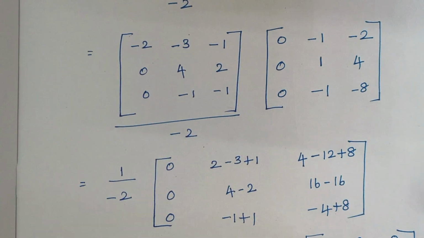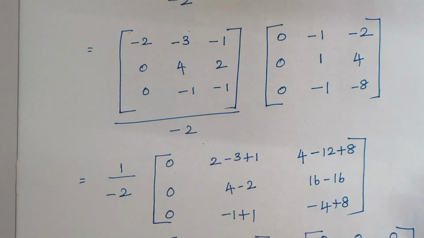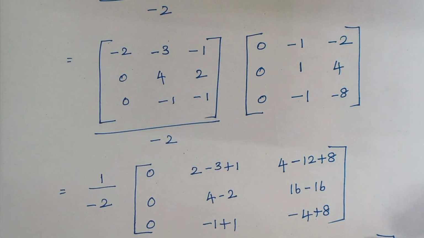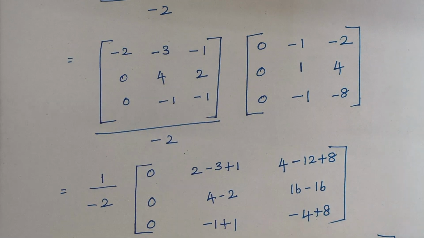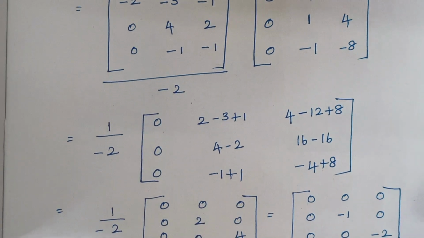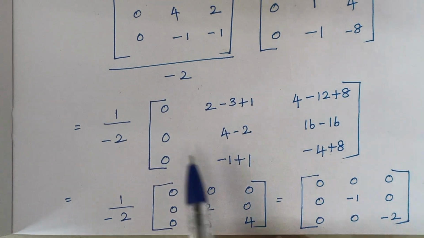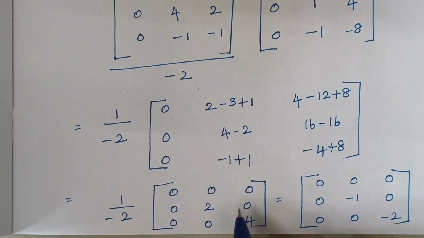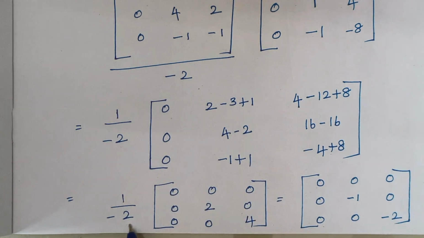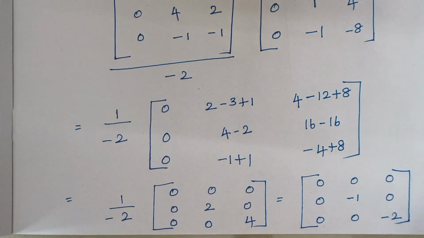So here we are doing a matrix multiplication. I hope you people are familiar with doing this. And the next thing is we are simplifying. After simplifying, we have to divide this matrix by this minus 2. So finally we end up with a matrix like this.